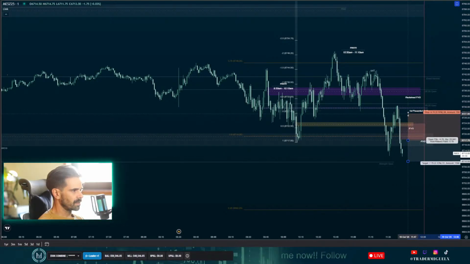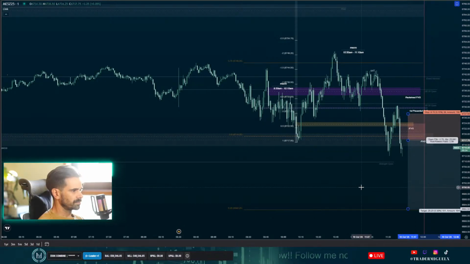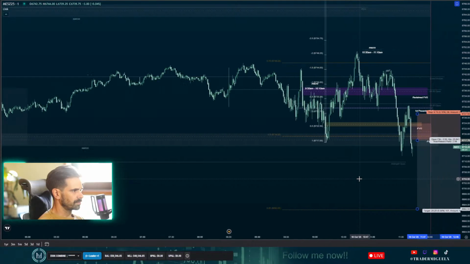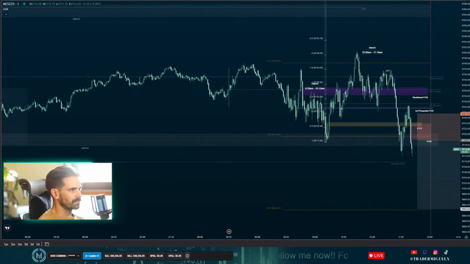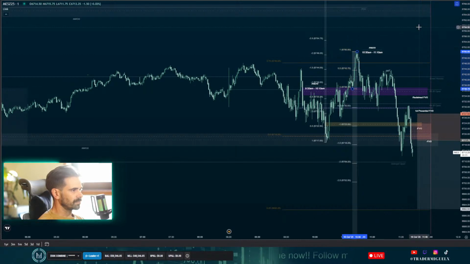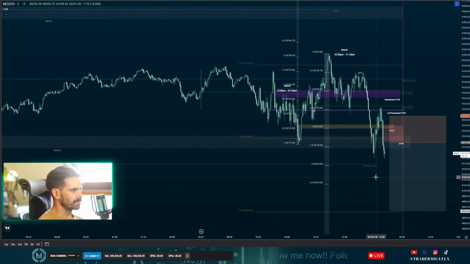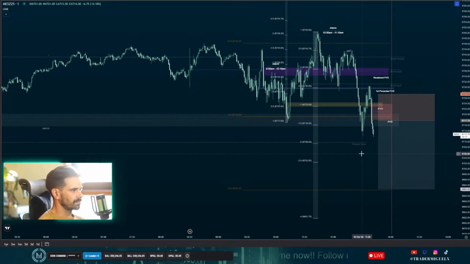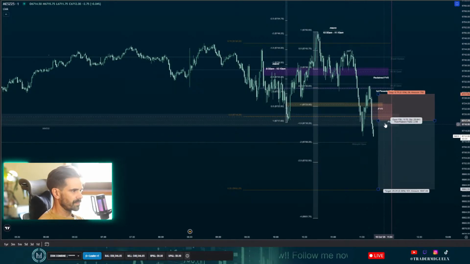This is a massive stop here. 10 handle stop. I don't think the market will give us the retrace around here.